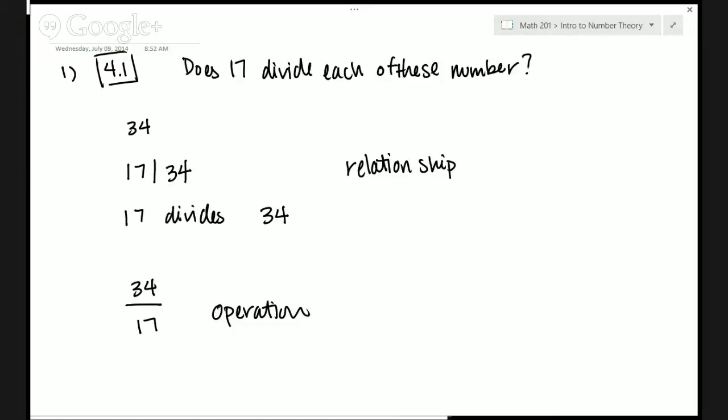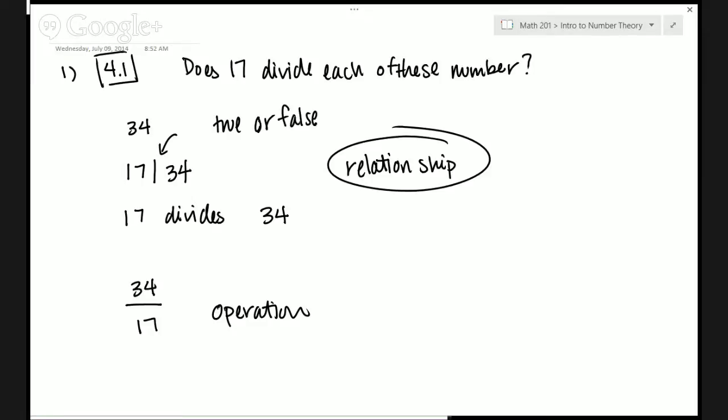That's true with this divisibility relationship. This notation is either true or false. It doesn't have a value, so it doesn't make sense to say 2 here. It only makes sense to say that 17 divides 34 is a true relationship. Does that distinction make sense?